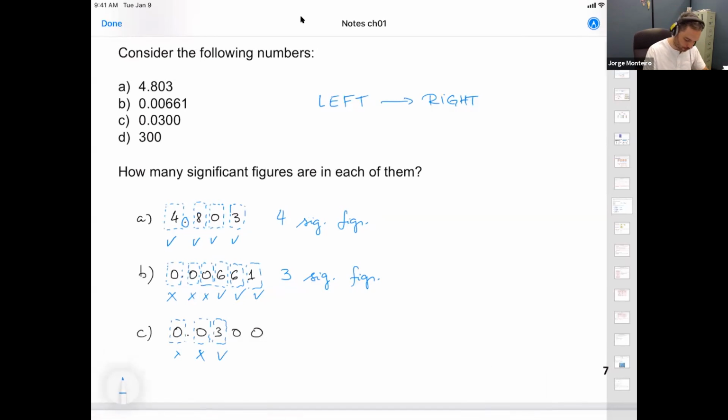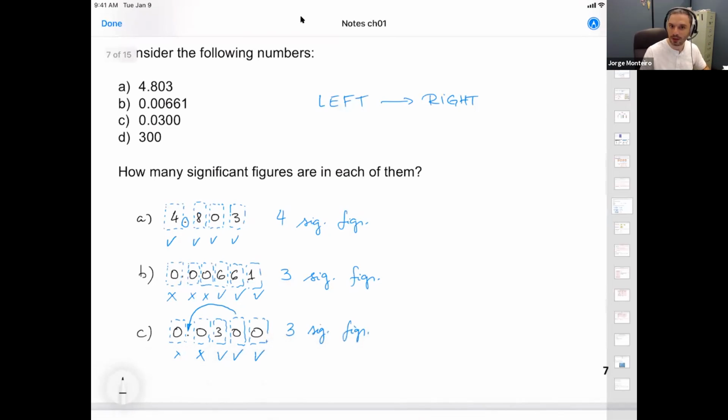After the 3, we have a 0. And this 0 is after the decimal point and after a non-zero digit. Therefore, it is significant. And the last 0 is also significant. Therefore, 3 sig figs.